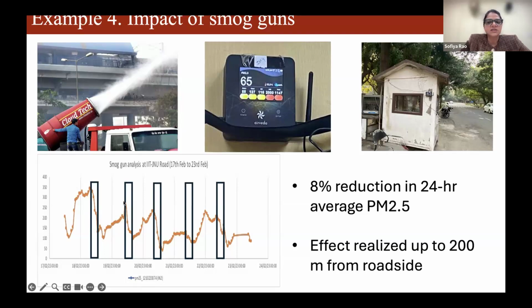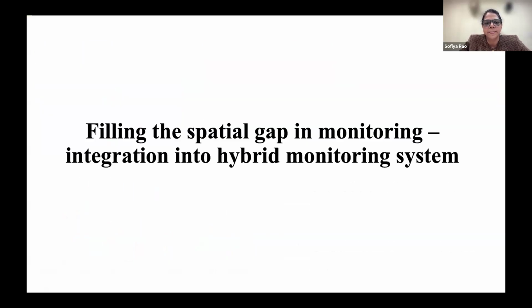So I just wanted to convey, if we do these kinds of small networking or design of Locus sensor studies, we will be able to provide evidence to the government on how we can reduce air pollution.